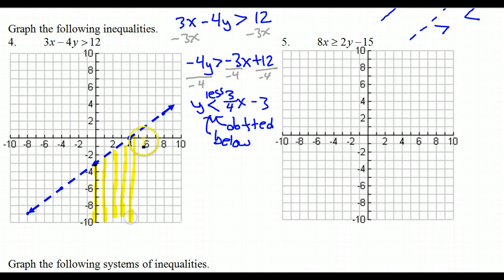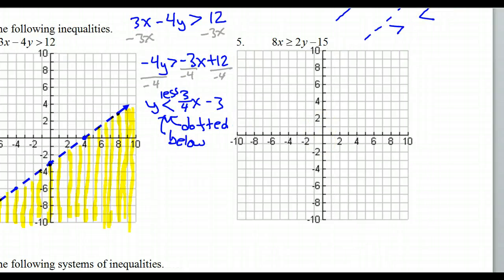So that tells me where to shade. This side of the line is the side that is below the line. And that is how you do number 4, including the shading. Very important. Okay, number 5.